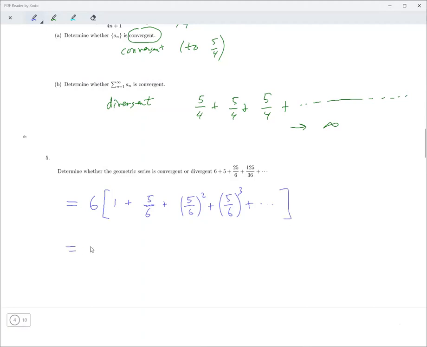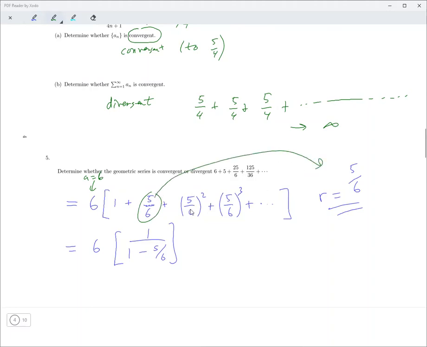So the series is going to add up to 6 times 1 over 1 minus 5/6. Here r is 5/6 and a is 6, and 5/6 is in all these powers right here.